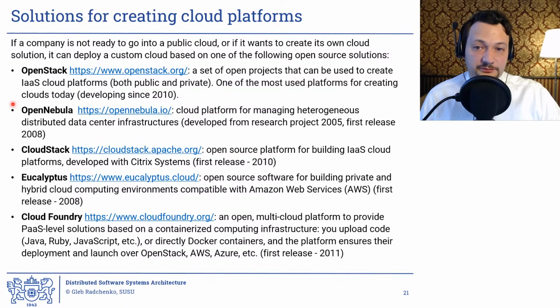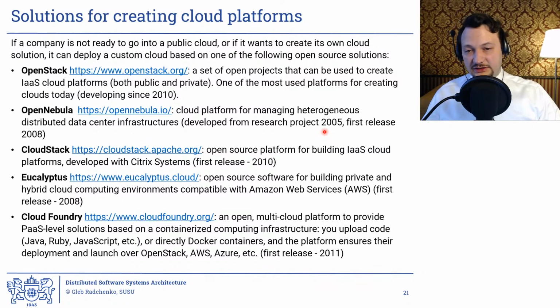The competitor of OpenStack that also provides infrastructure as a service capabilities is the project OpenNebula. The OpenNebula project is also a cloud development platform for managing heterogeneous distributed data center infrastructures. Why do I like this project? Because OpenNebula was developed from a research project that started in 2005.